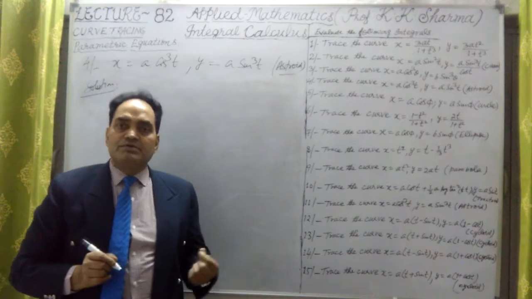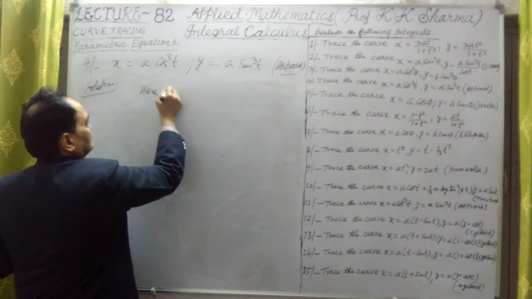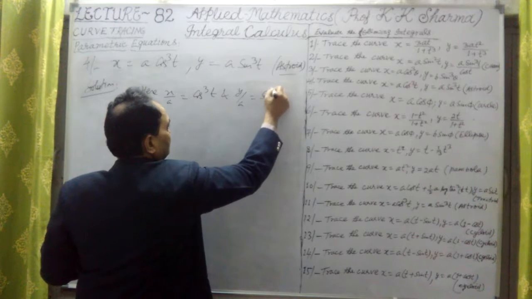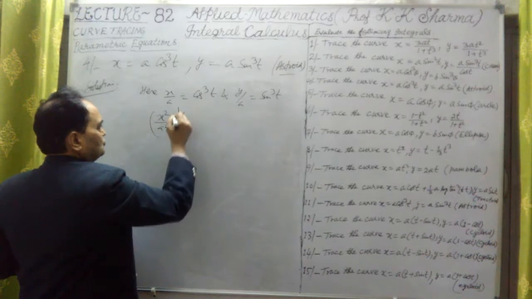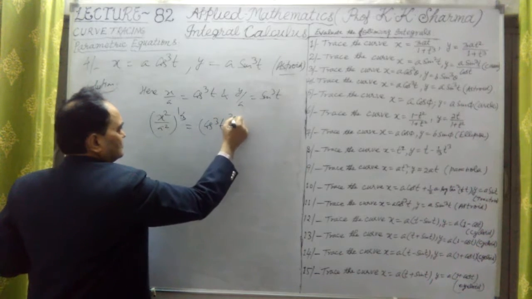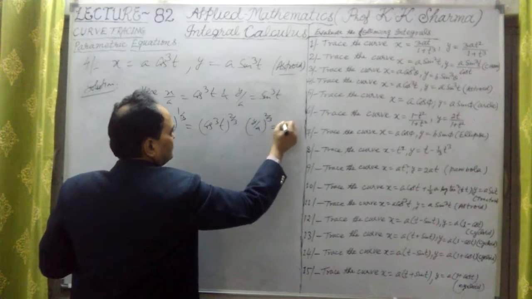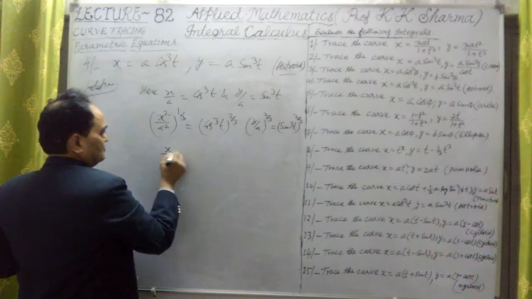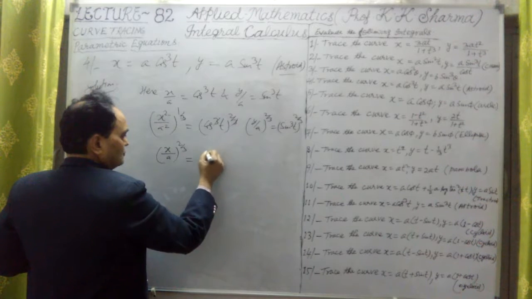If I want to eliminate the parameter t here, same thing, we have to make this clear. x upon a is equal to cos cubed t, and y upon a is equal to sin cubed t. Taking the cube root and squaring, we get x upon a whole power 2 by 3 is equal to cos square t. Similarly y upon a whole power 2 by 3 is equal to sin square t.